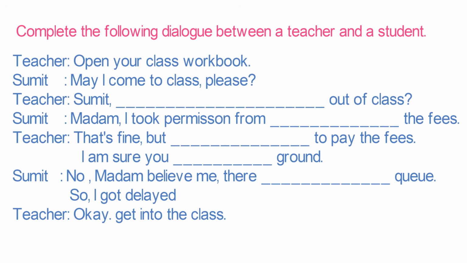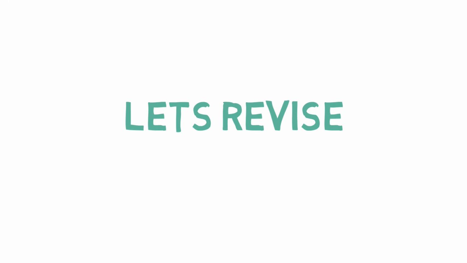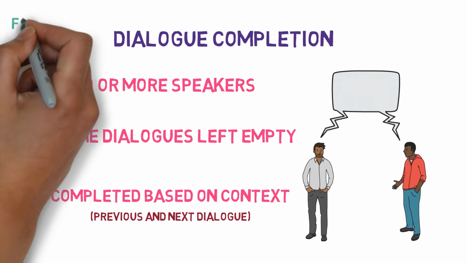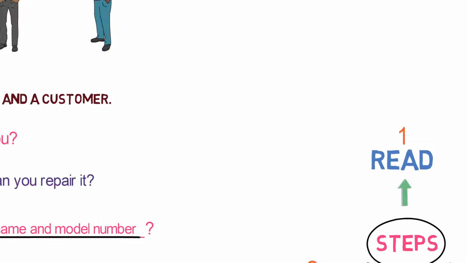That's all about dialogue completion in this video. Let's quickly revise what we learned in this lesson. First, we understood what is dialogue completion. A dialogue completion is a kind of a task in which 2 or more speakers are involved in a conversation. Here, some dialogues are left empty that need to be completed based on the context of the previous and next dialogue.